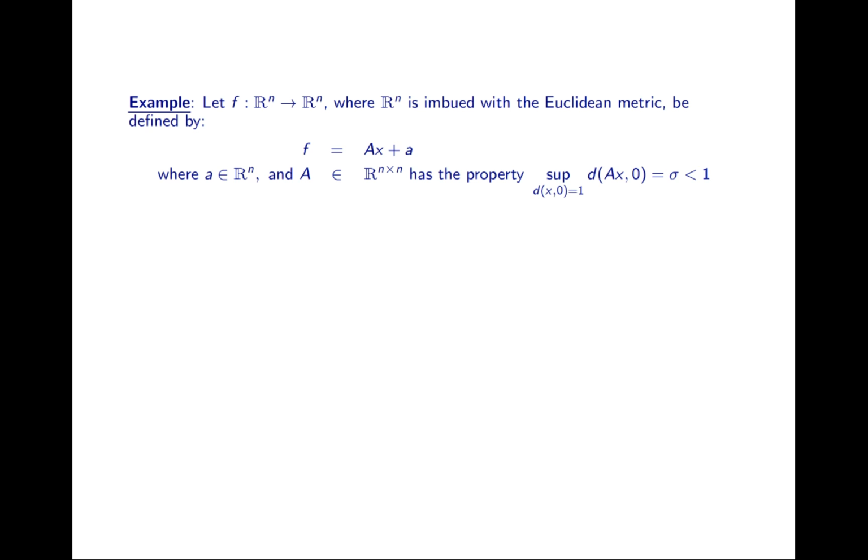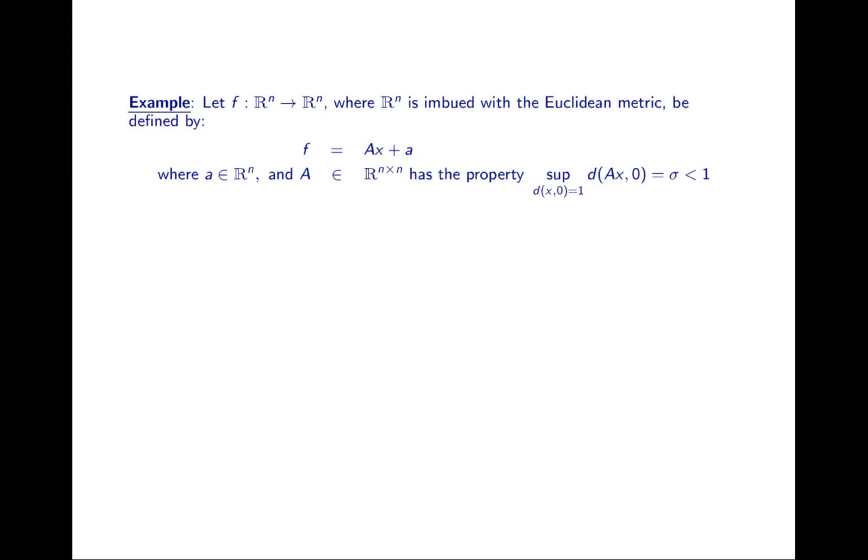Here a is a vector in n dimensions, and A is a square matrix of real values. And suppose that A has the property that the supremum over all vectors a distance of 1 from the origin gets mapped by A to a distance of sigma or less, where sigma is less than 1.